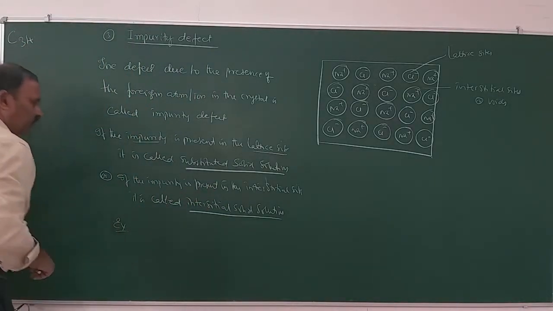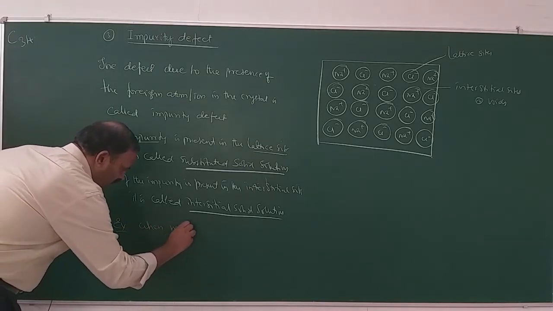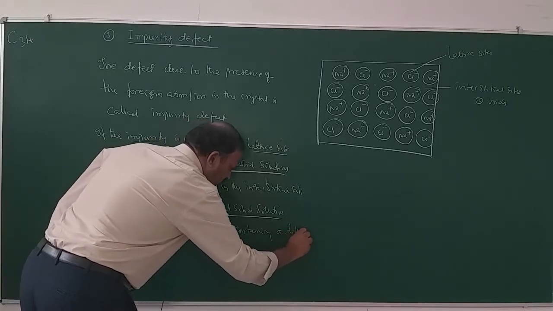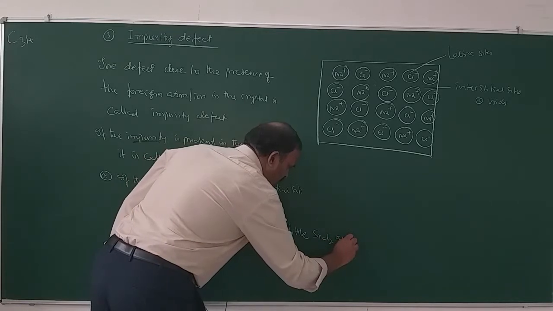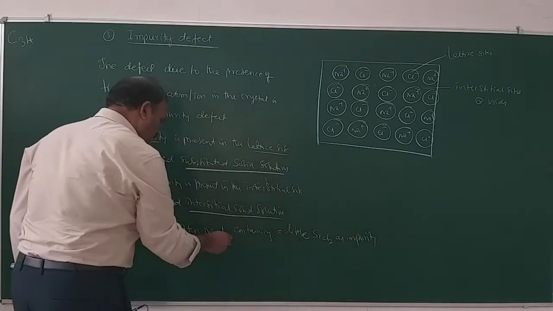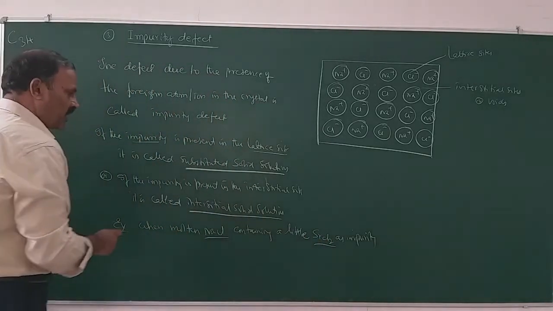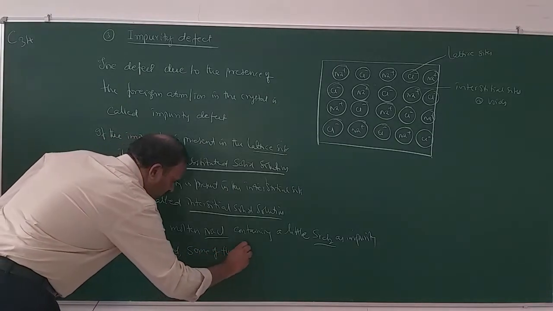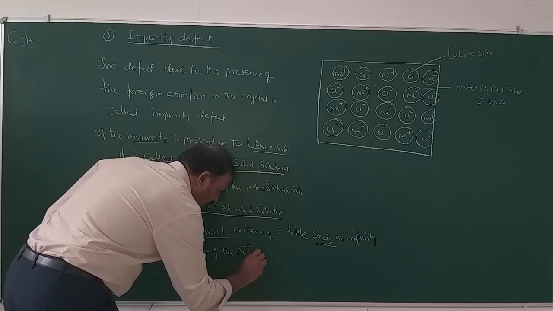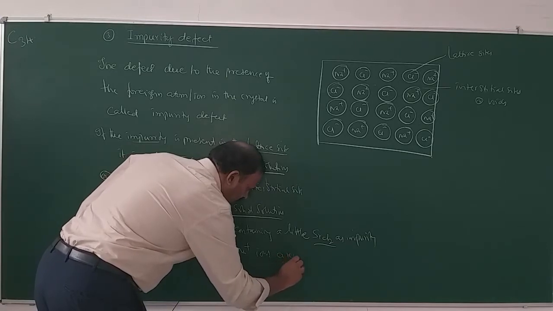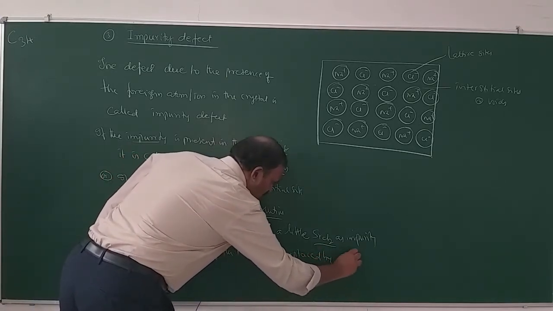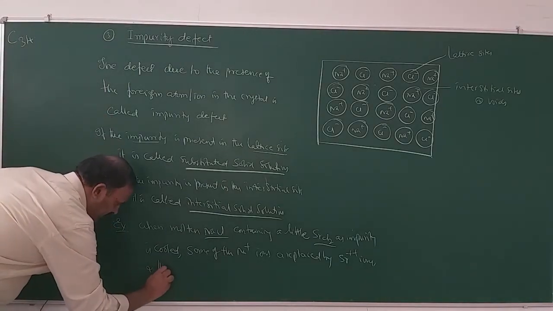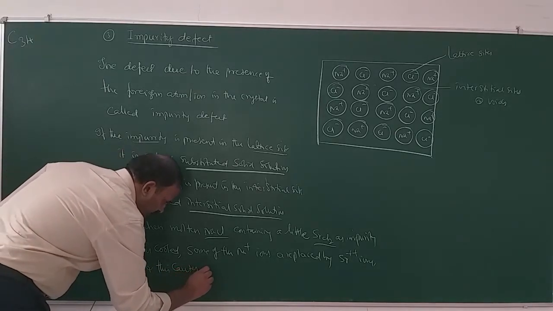For example, when molten sodium chloride containing a little strontium chloride as impurity is cooled, some of the sodium ions are replaced by strontium ions, and this causes impurity defect.